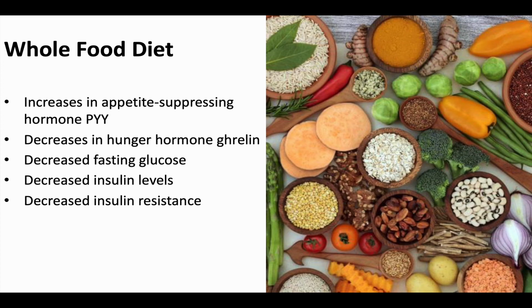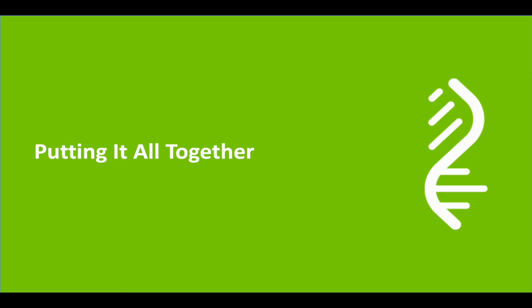And we see fasting glucose go down, because it's not spiking our glucose, and our insulin is more than able to cover it. Decreased insulin levels, decreased insulin resistance. And remember, these people were their own controls. So just a fascinating study, really pointing out the difference between an ultra processed diet and a whole food diet, and the effects.